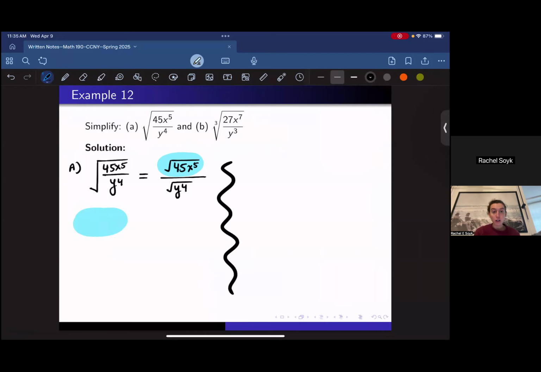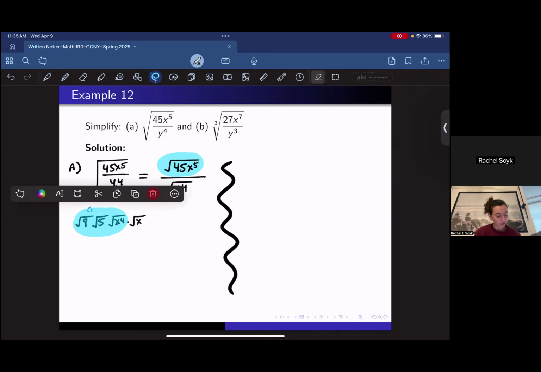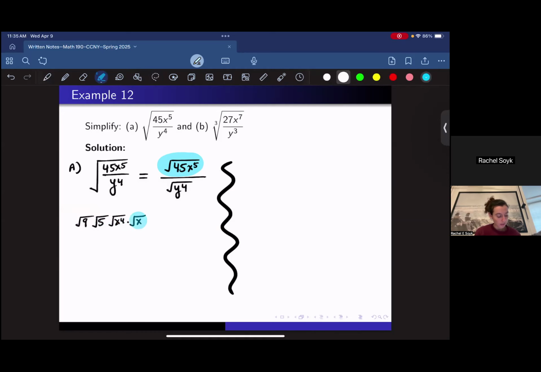The largest perfect square that goes into 45 is 9, and 9 times 5 gives us our 45. And then x to the 5th is the same as x to the 4th times x. So the square root of x to the 5th is the same as the square root of x to the 4th times x. That's our new numerator.